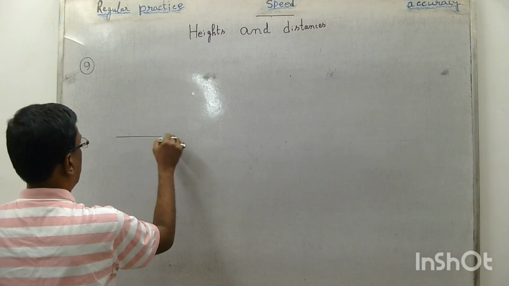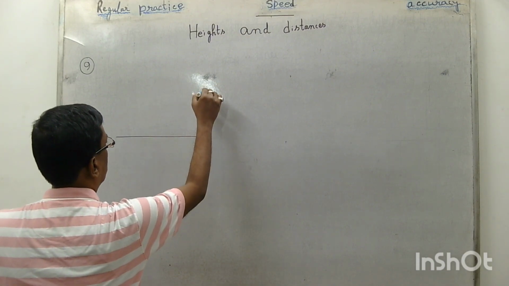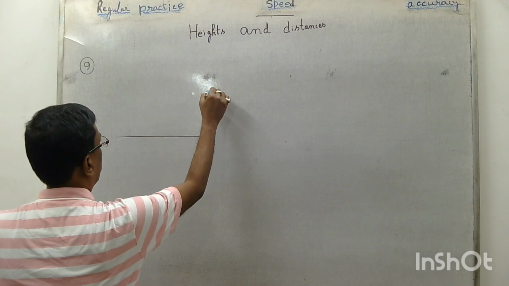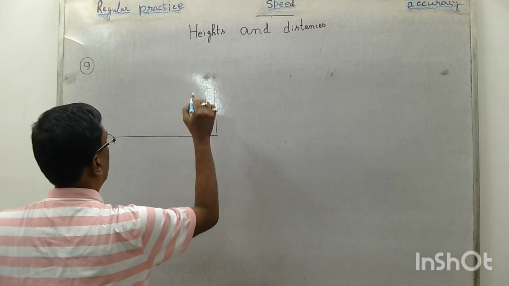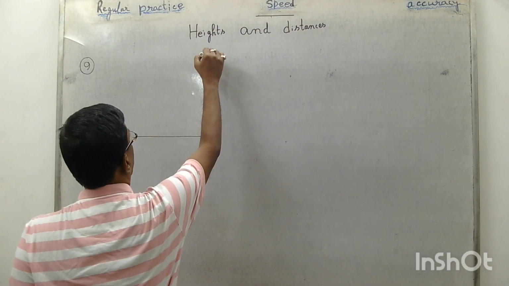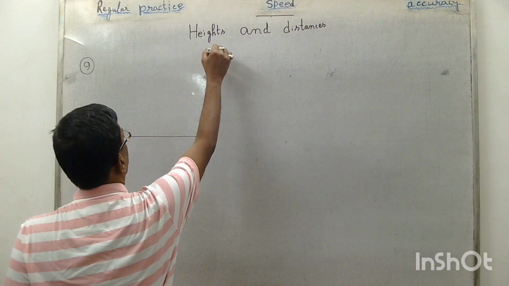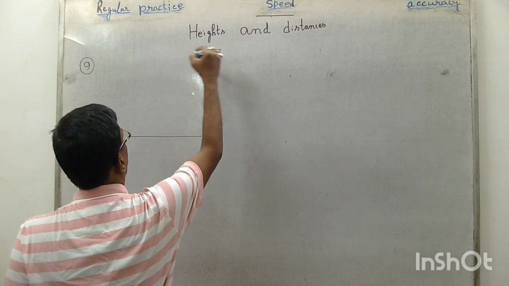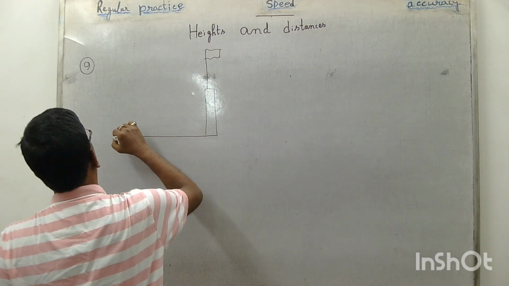This is the horizontal level. This is the tower. And there is a flagstaff here.